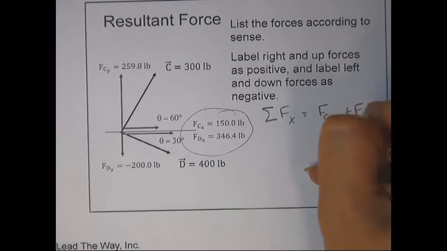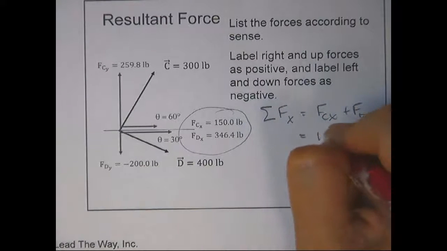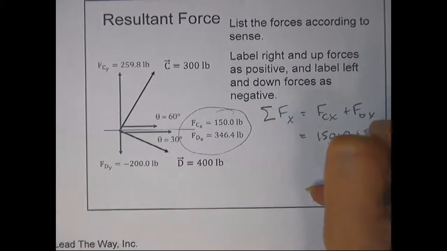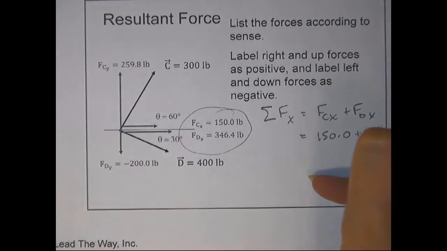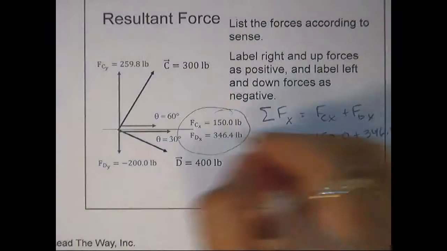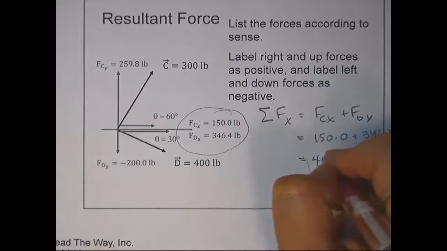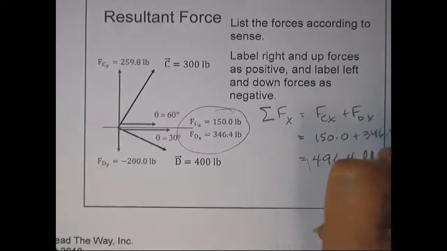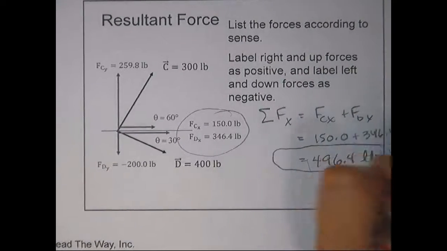FCX plus FDX, 150.0 plus 346.4. Add those together on your calculator. And we get, in the x direction, 496.4 pounds. A lot of weight in the x.